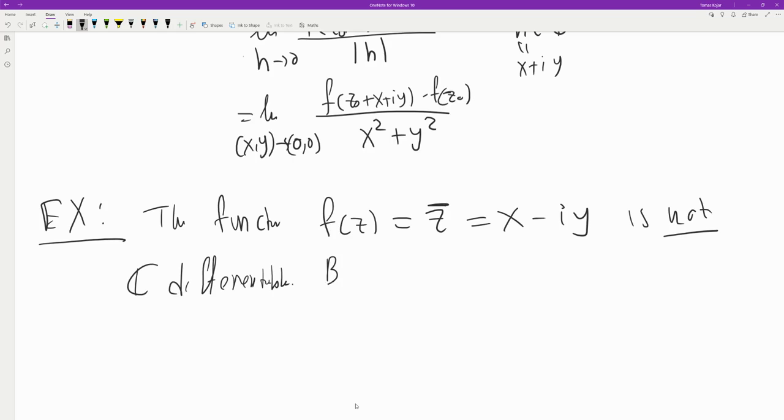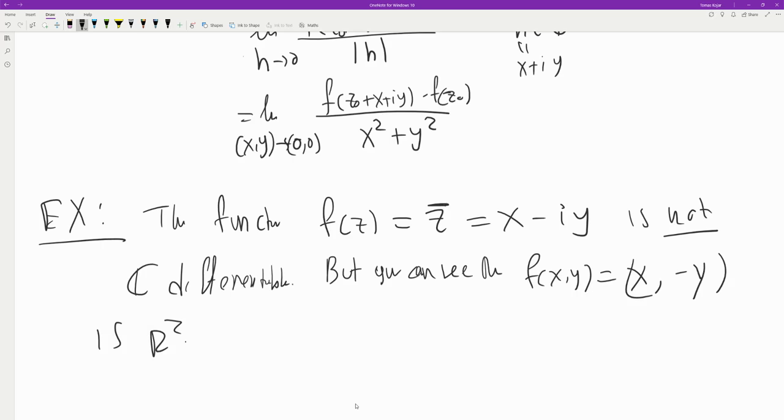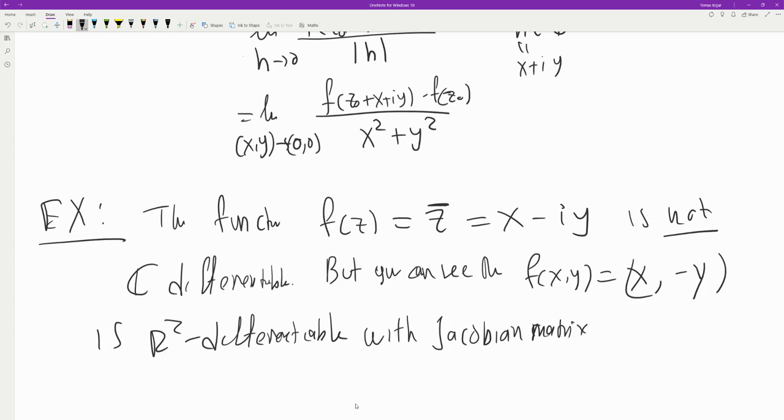But hopefully you can see that the function (x, y) goes to (x, minus y), let me write it like this, is R2 differentiable with a Jacobian matrix, right?